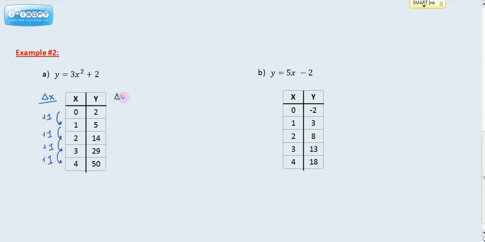When I look at my change in y values, I have a plus 3, now I have a plus 9, plus 15, plus 21. So I see that these are not all the same. Even though my change in x is the same, my change in y is not the same. So I would think that this is a nonlinear equation.